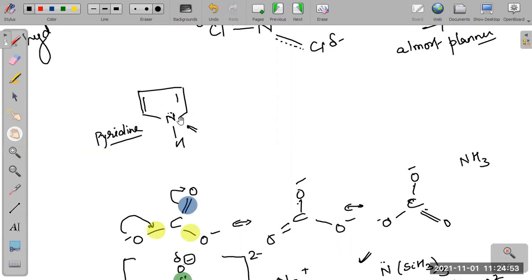In general, it appears that nitrogen has formed three bonds and has one lone pair of electrons. Now this lone pair of nitrogen generally stays in a hybrid orbital. However, in pyridine, this lone pair, instead of going to a hybridized orbital, prefers to stay in an unhybridized or pure p orbital and thereby participate in resonance to provide extra stability.